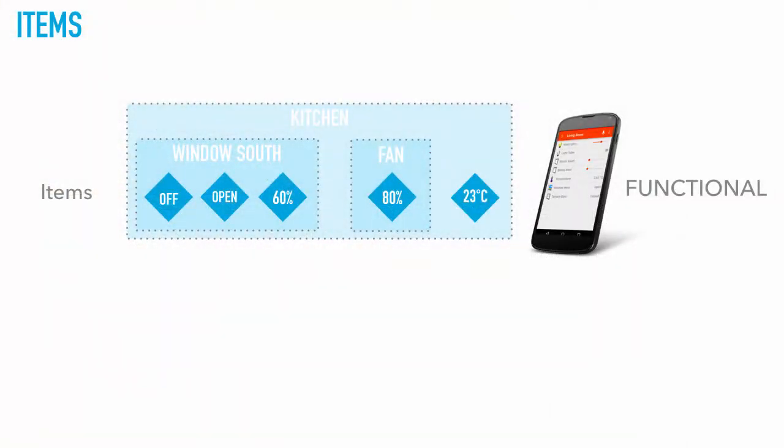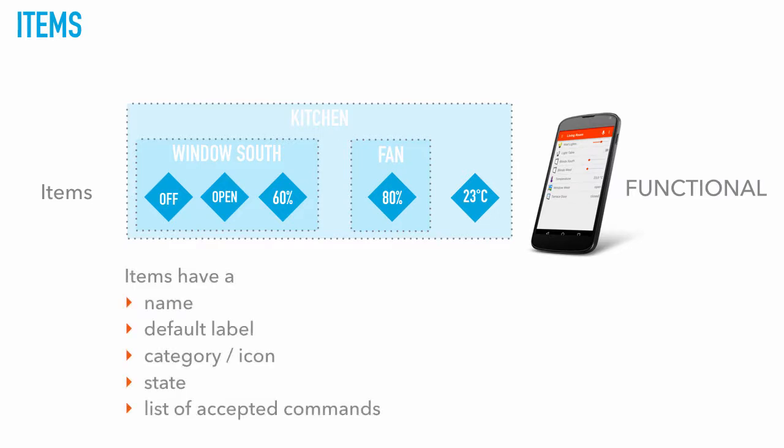One of the core concepts in Eclipse SmartHome is that of an item. An item is the most fine granular piece of information that you want to control, access, or simply work with. It's a purely functional modeling, and the item itself is described by a name, a label to be used in UIs.